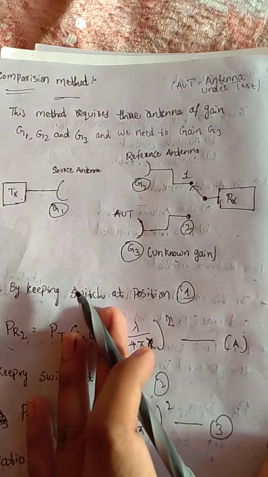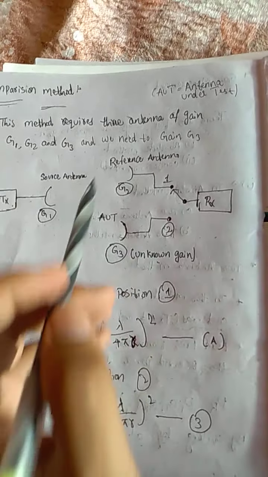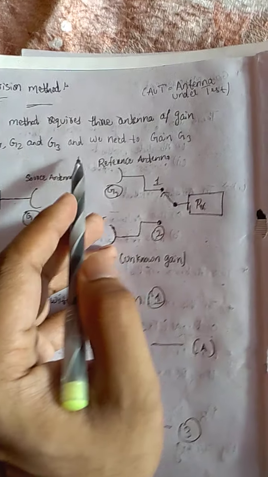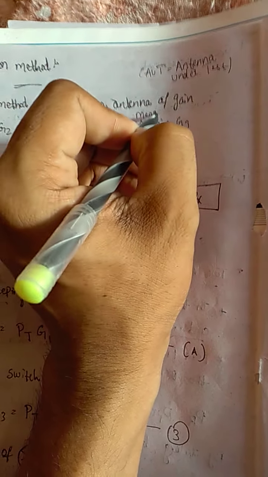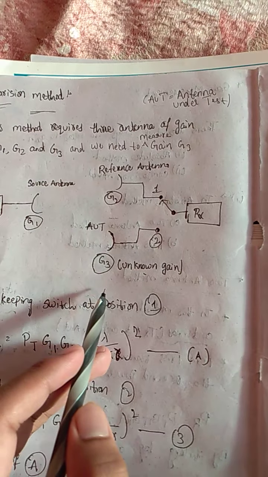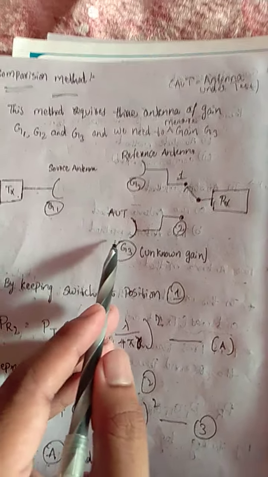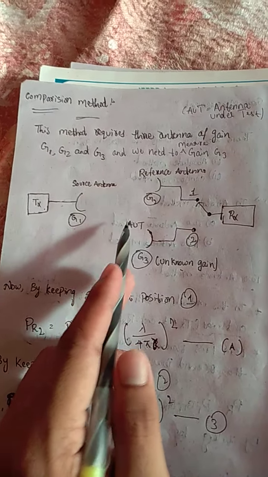Why have we given this as AUT, antenna under test? Because we need to measure, we need to estimate gain G3. That's why we call this antenna AUT, antenna under test.